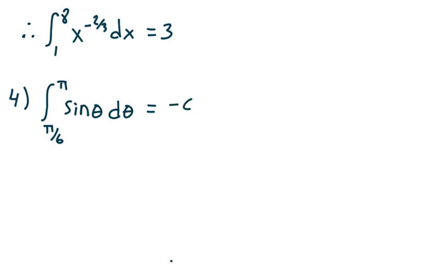So this is negative cosine theta evaluated from pi over 6 up to pi. So what I'm going to do is I'm going to replace theta with pi to get negative cosine of pi.